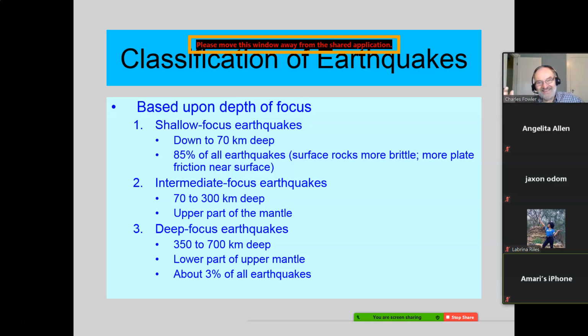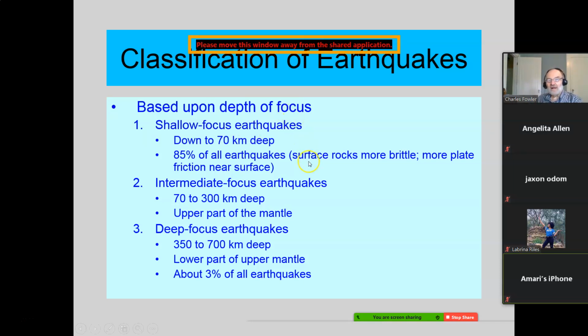My goodness. That's called shallow, but about 85% of all earthquakes occur in that shallow range, and that would usually be in the lithosphere. It may be just in the crust. The odds are it's somewhere in the lithosphere, which is the crust and the upper part of the mantle. Okay, 85% of earthquakes there.